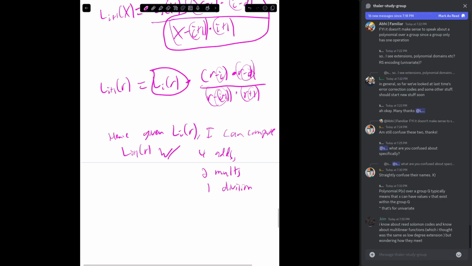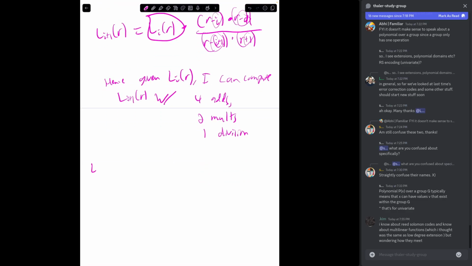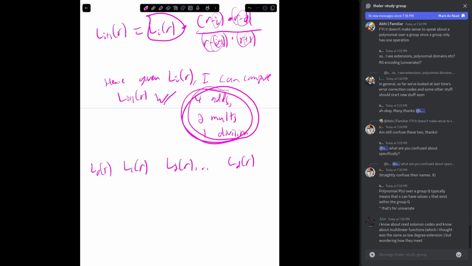And so that's how I can get L_0(r): I can just directly compute it by its definition in D time, and then with this many additional ops, I can get L_1(r), and then with, again, this many additional ops, I can get to L_2(r), up to L_D(r).